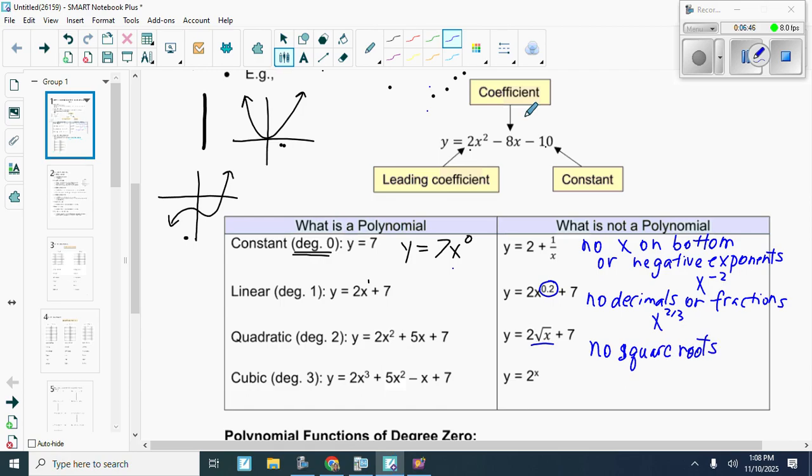Those are not our polynomial. And no variables in the exponents. We have a whole separate unit on that.